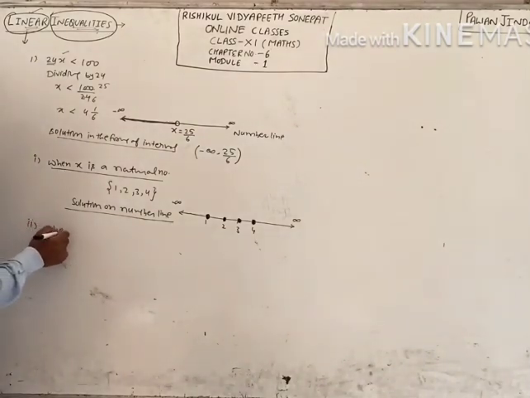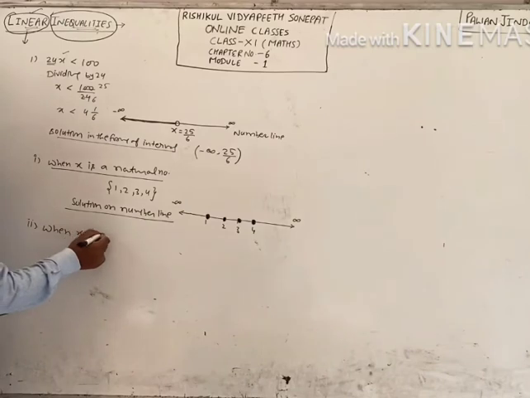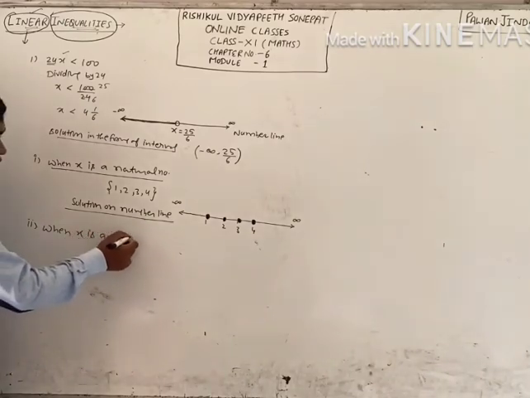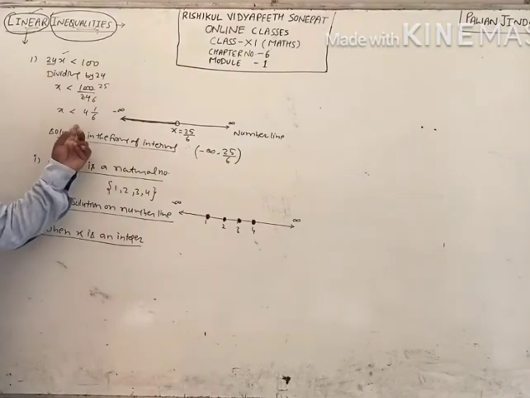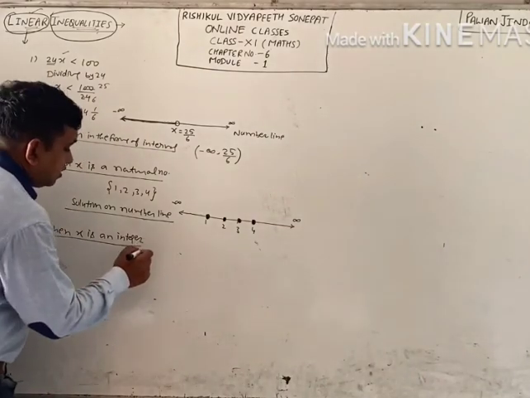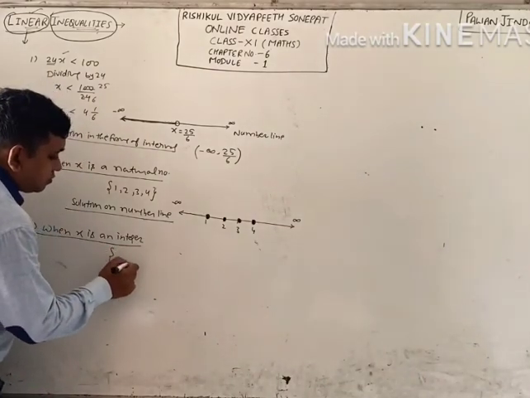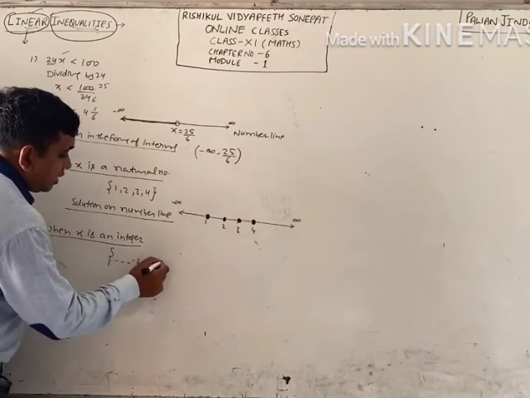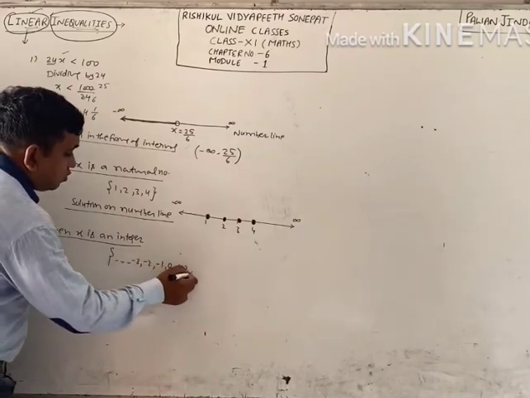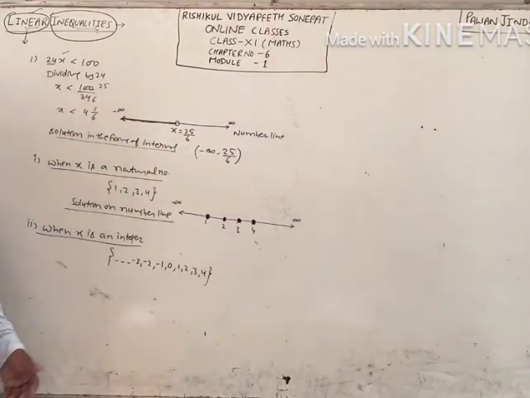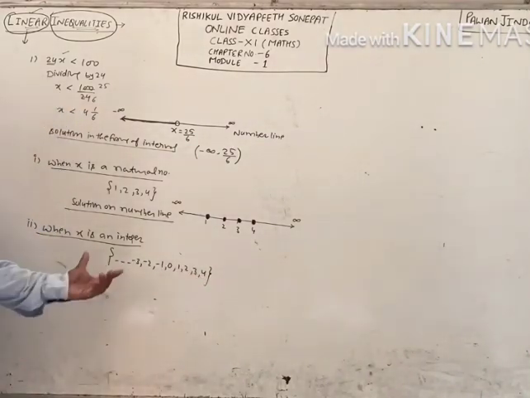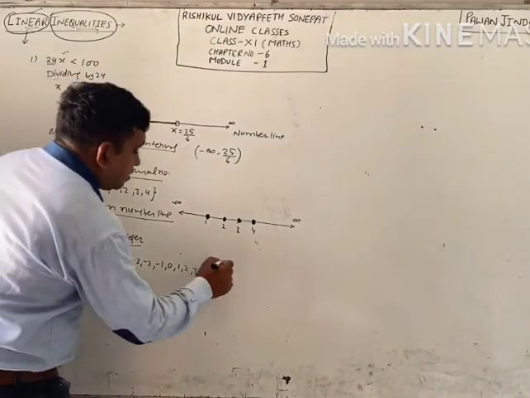When x is an integer, and you know very well, all integers less than 4 and 1 by 6. These are your minus 3, minus 2, minus 1, 0, 1, 2, 3, 4. These are your integers. Now see, how will you plot this solution on a number line?